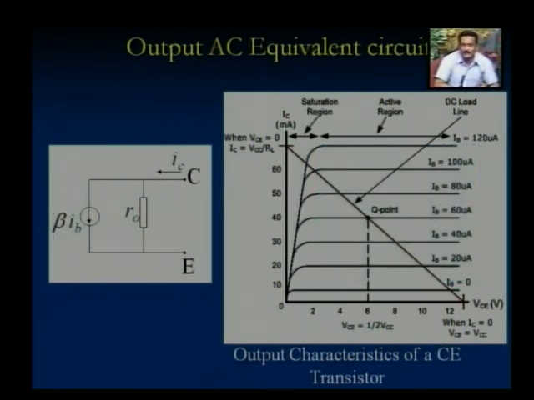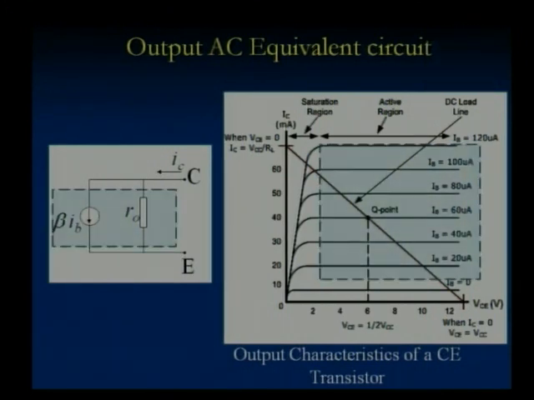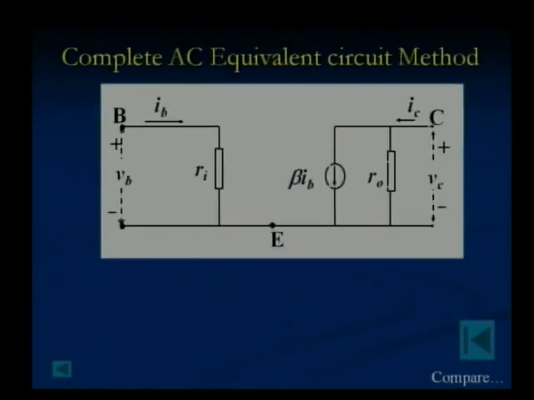So beta IB is the current the output port gives to us, and RO is the output resistance given by the transistor. So the output equivalent circuit is like this, and naturally if we combine these two, we get the complete AC equivalent circuit of the transistor.